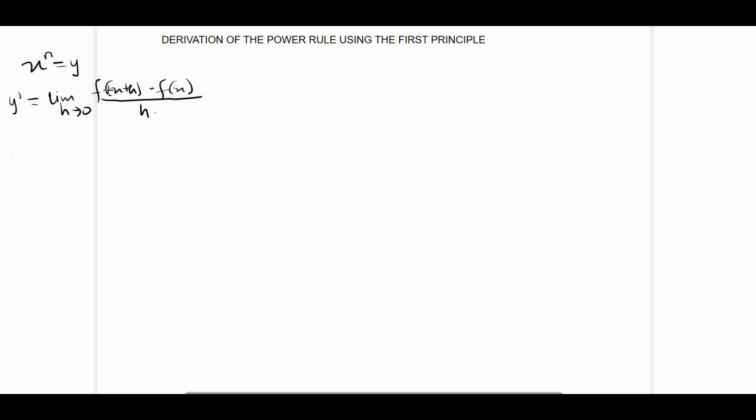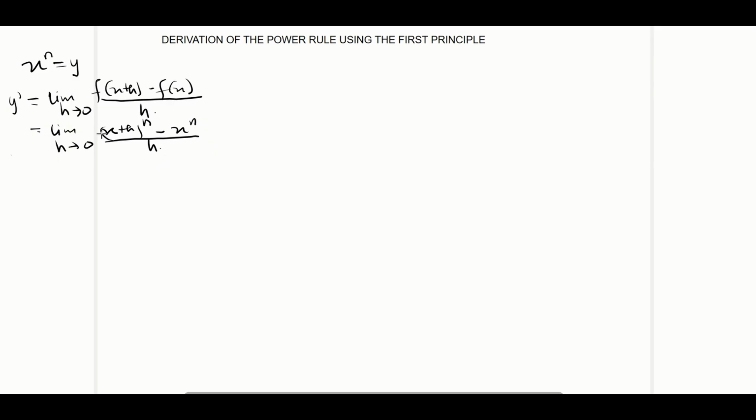So we are going to evaluate the function at x plus h to the power n, minus x to the power n, all over h. So this is going to be the limit as h approaches 0 of (x plus h) to the power n minus x to the power n, all over h.